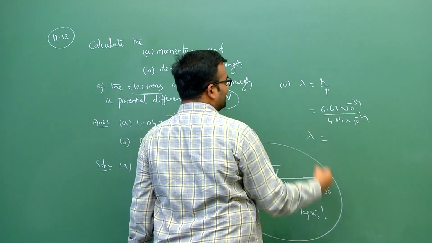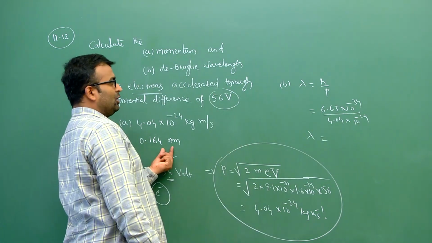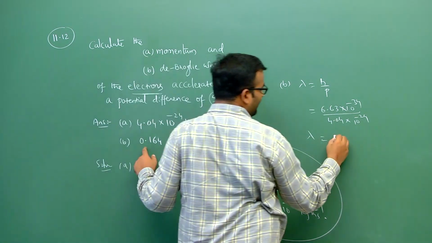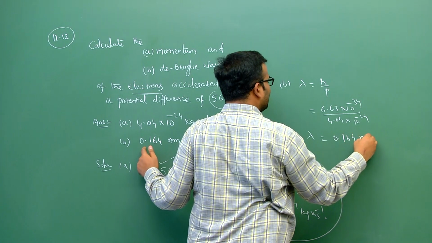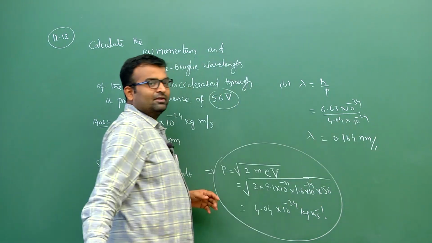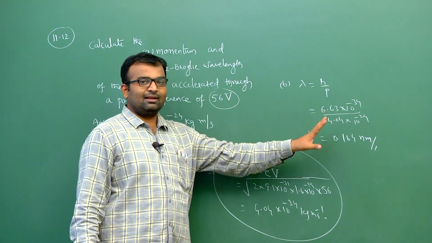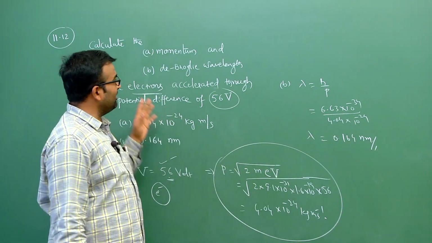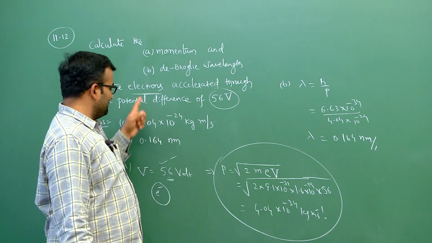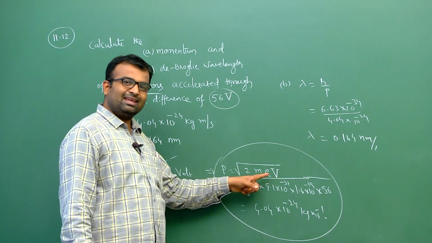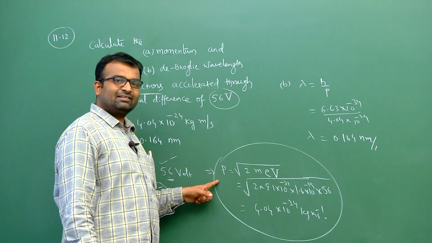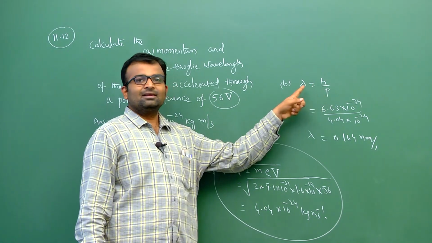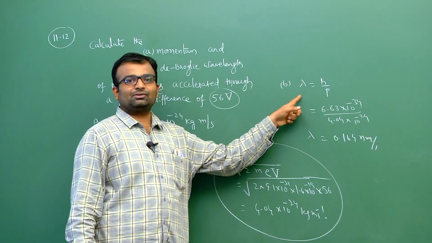If you do these calculations and arrange the value in nanometers, the ratio will be 0.164 nanometers, as I have given in the answer. Do these calculations personally with your calculator and you will get exactly these answers. So this is how you can solve the first question on wave nature of matter, using the square root of 2meV for the linear momentum of the electron, and λ = h/p for the wavelength of the moving electron.